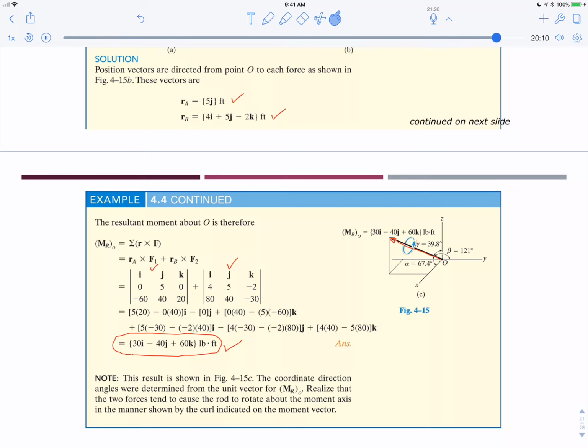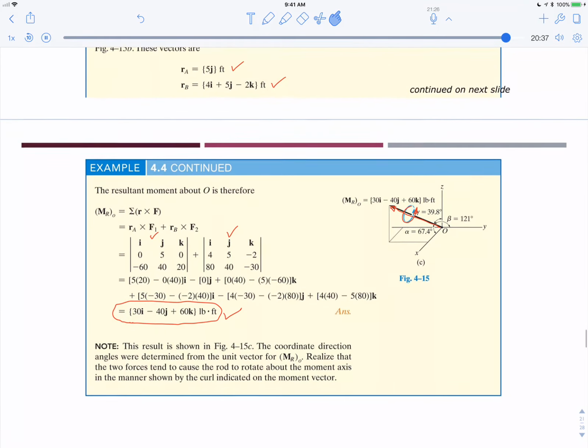If you use the right-hand rule, stick your thumb along that red arrow and see how your fingers curl around that. They curl this way. That's the 3D moment about O. Think of it as a screwdriver. Your thumb pointing is the tip of the screwdriver, and your hand is turning the screwdriver in the direction of your fingers. That's the moment.